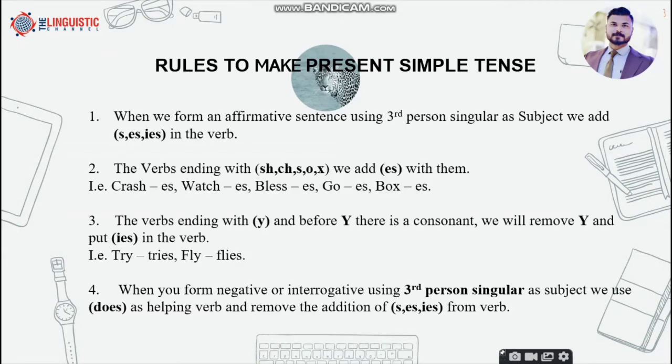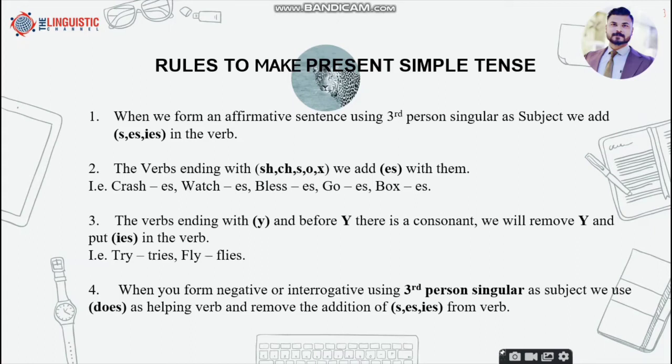Rule number 1. Whenever we form an affirmative sentence, affirmative, in Urdu it means sada, or in Hindi you call it sada jumla, and in English you call it affirmative or a positive sentence which does not have any negation or interrogation in that, using third person singulars as subject.